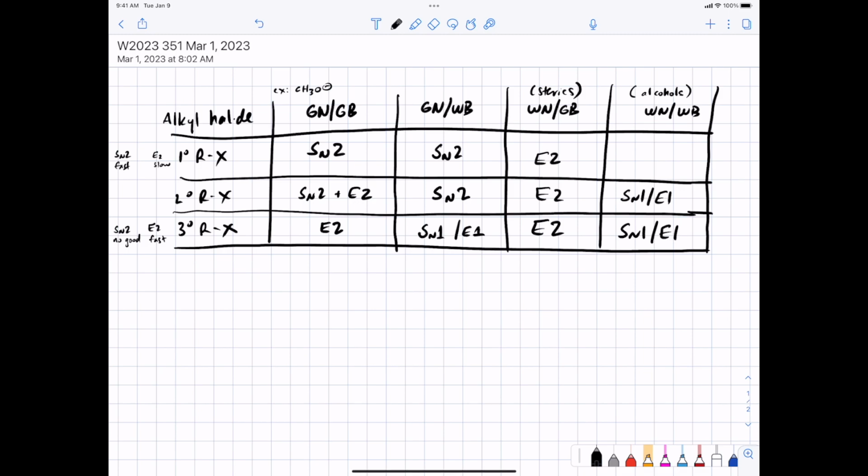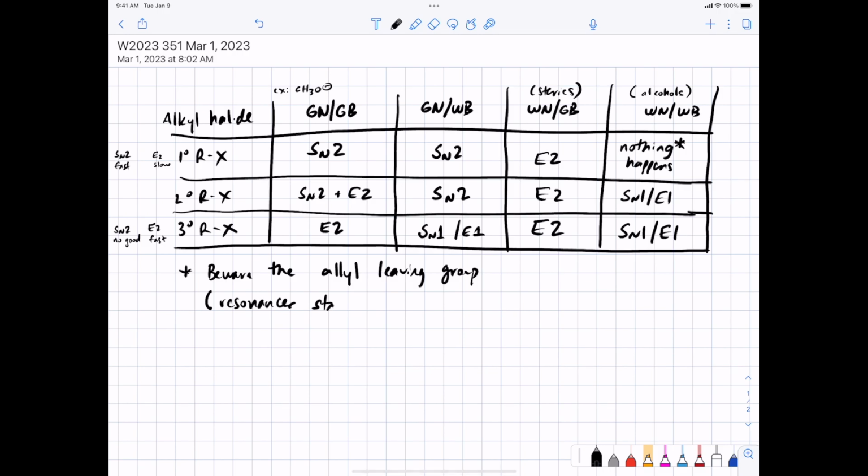Though we've said that for primary alkyl halides, because primary carbocations are too unstable in solution, we'll say that nothing happens, but we're going to put an asterisk on nothing, and we're going to say, beware the allyl leaving group, or the possibility for the resonance stabilized carbocation.